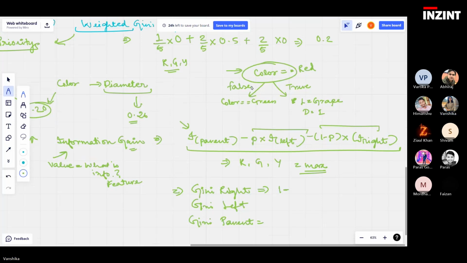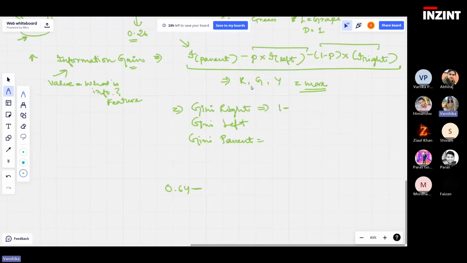Again, there would be two possible labels, both of them would be red. So you are going to compute it as (2/2) whole square, because if we are traversing the right tree, there is only one possible label, which is red. So we have two such cases, and both of them are red with label equals to grape and diameter equals to 1. So this is going to be 0.